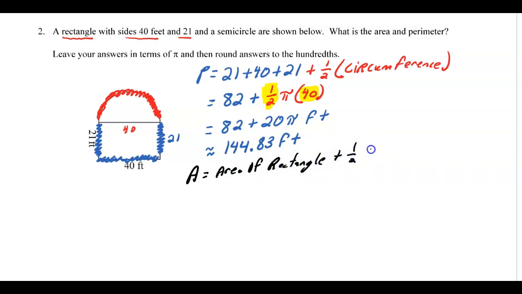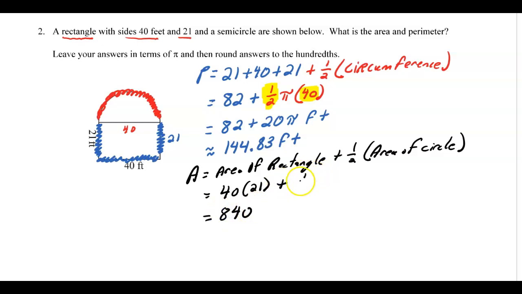Now for the area, I need the area of the rectangle plus half the area of the circle. So the area of the rectangle is 40 times 21, and 40 times 21 is equal to 840. And then the area of half the circle is 1/2 pi times the radius squared.